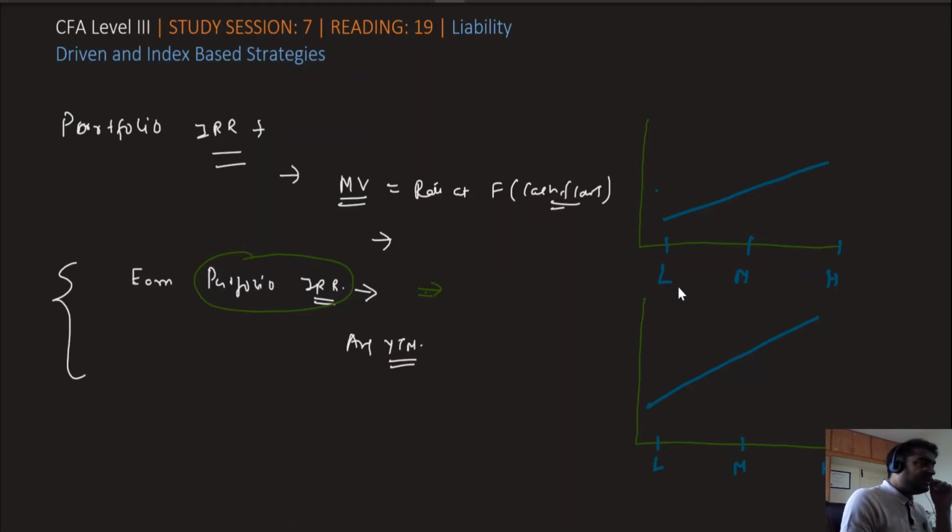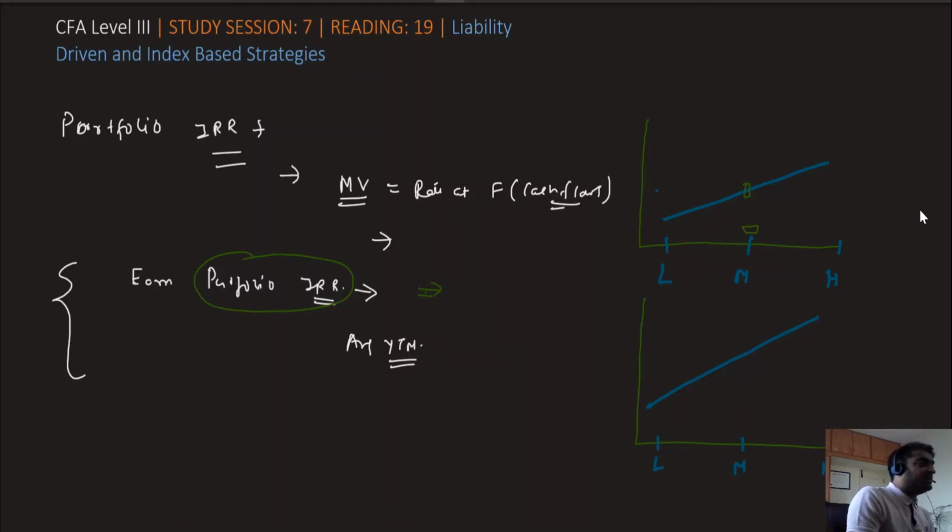Now let's try to understand how we immunize a single portfolio liability and what the risks involved are. Let's say this is the chart, and this is where the liability is occurring. I have termed it as M, medium.